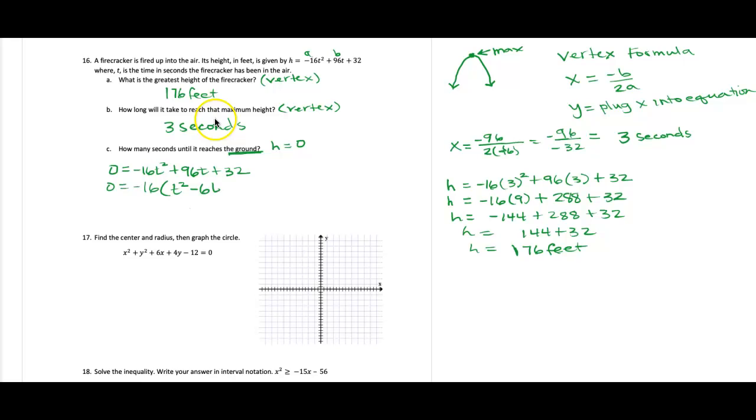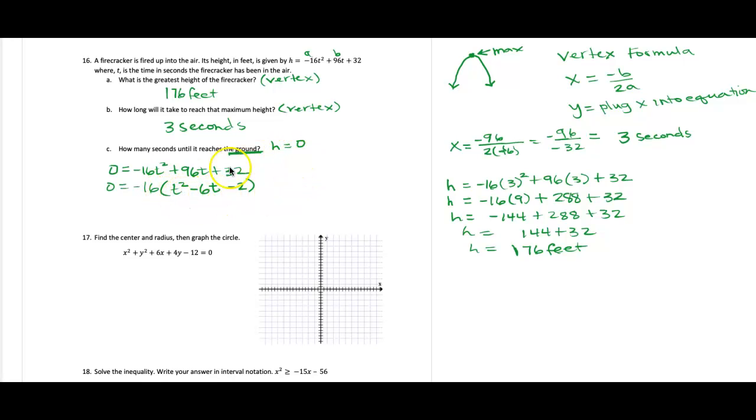Oops, did I do that wrong? Let's see. Yeah, minus 2. Okay, and when I try to factor that, it's not going to factor, so I'm going to have to put it in the quadratic formula.